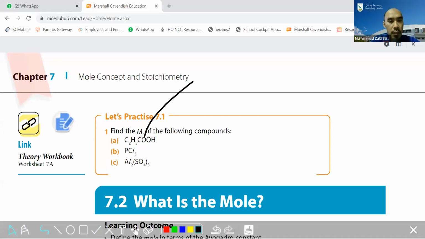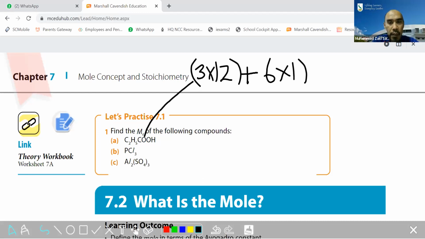So there are 3 carbon, 3 times 12. You go element by element. So carbon first. Due to lack of space, I have to just write down the working directly. Hydrogen, there's 6. Hydrogen mass is 1. Then oxygen, there's 2, 2 times 16. You sum them up and then you get the answer.